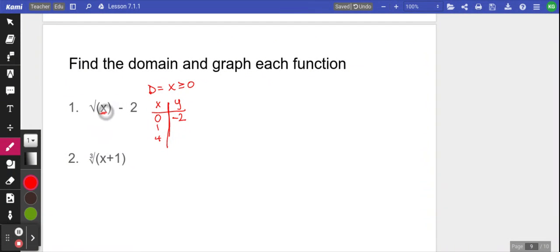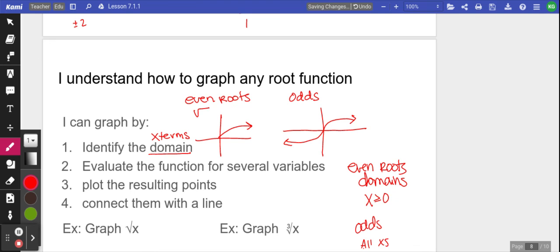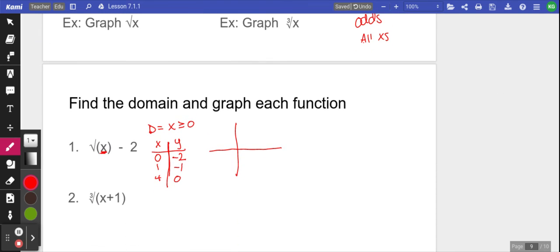The square root of 1 is 1, minus 2 is negative 1. And the square root of 4 is 2, minus 2 is 0. So I know it's going to look somewhat like a variation of this one here. So I have 0, negative 2, 1, negative 1, and 4, 0.